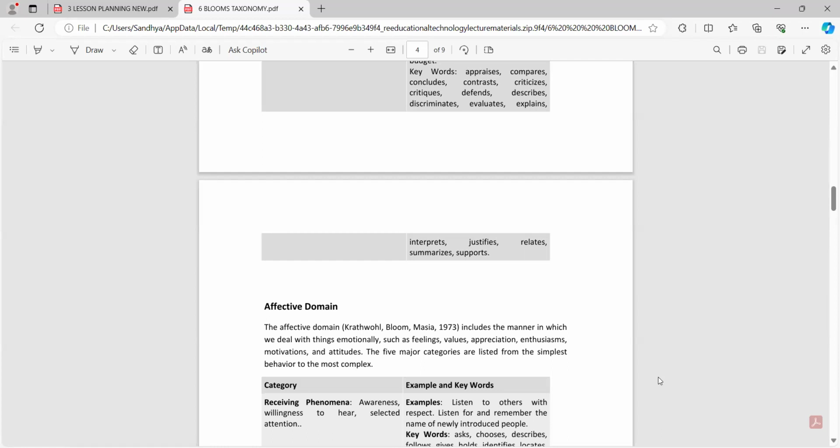How many of y'all have referred to Bloom's wheel before in writing lesson plans? There's no other shortcut there. That is how you will learn it. So have you written lesson plans before? And have you used Bloom's action verb wheel? Please tell.